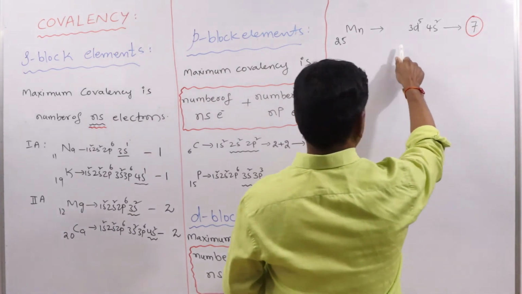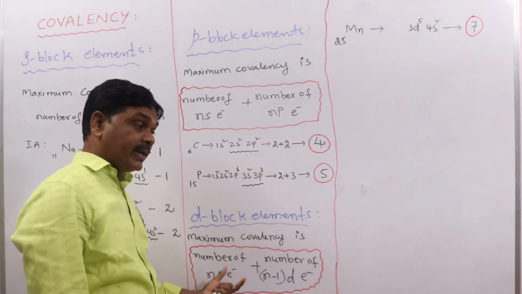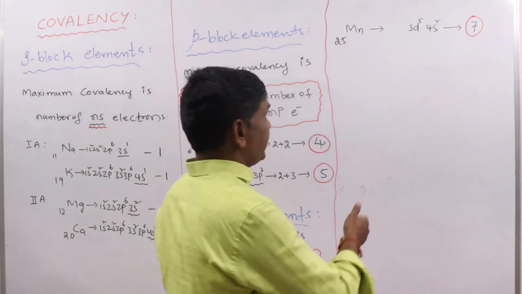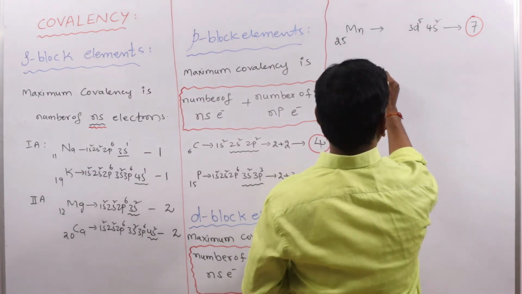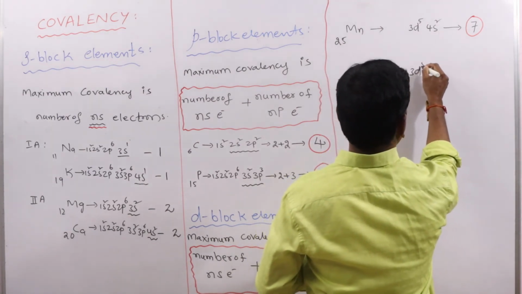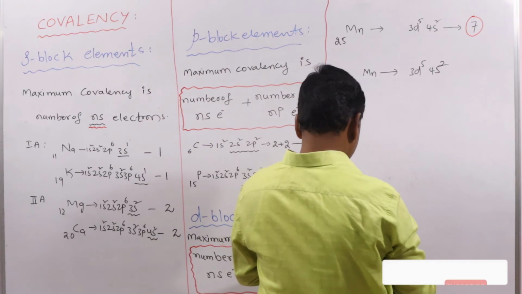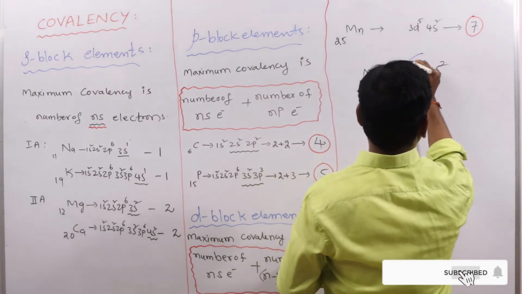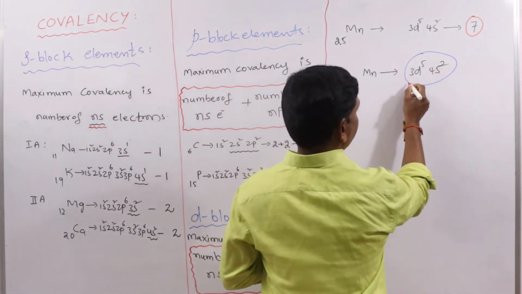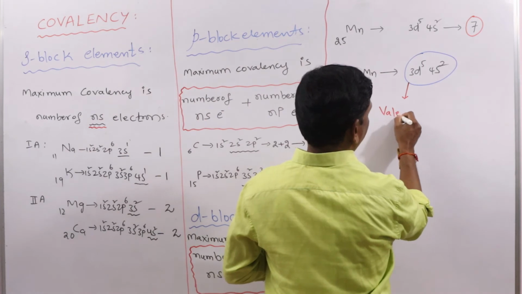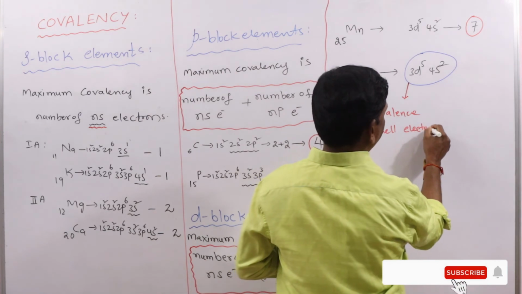Remember one thing whenever we are finding the maximum covalency of d block elements. For example, in case of manganese, this is 3d5 4s2. In total, this is known as the valence shell electronic configuration.